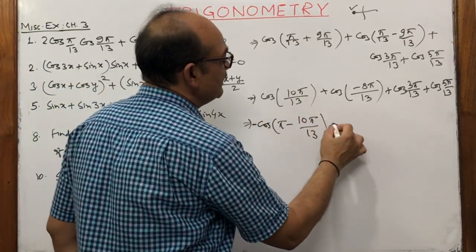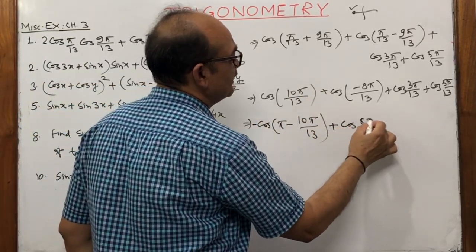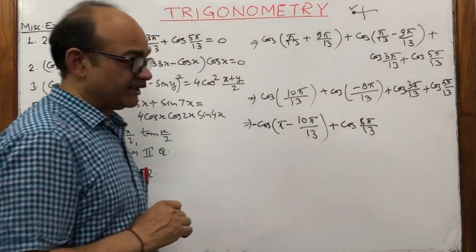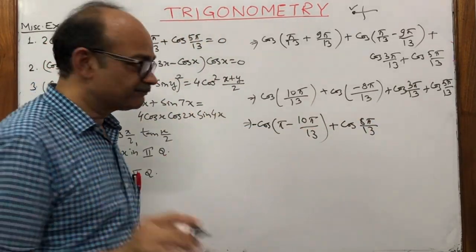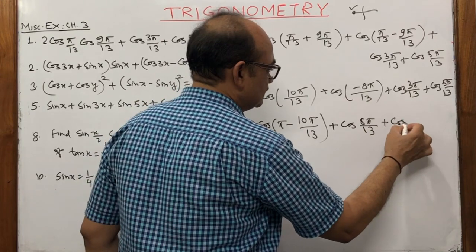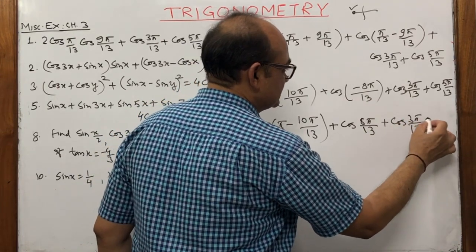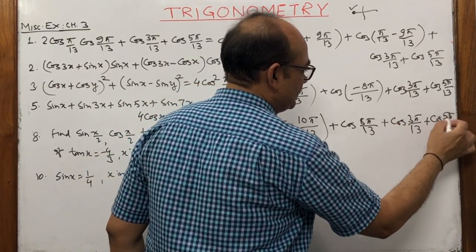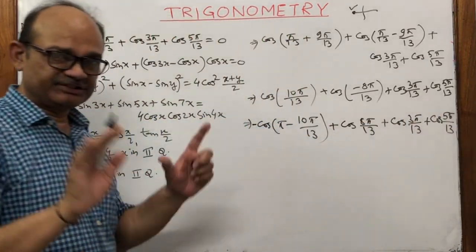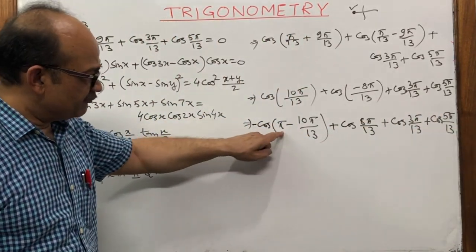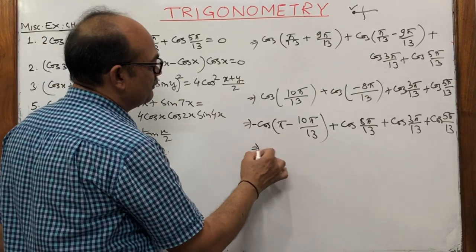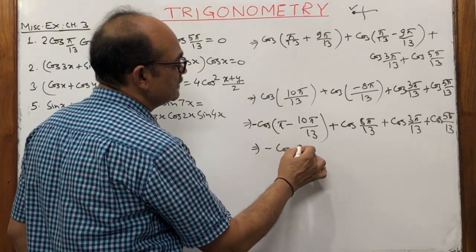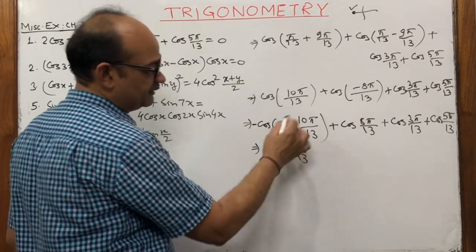Here it is plus cos 8 pi by 13, because cos of minus theta is cos theta. This will remain cos 3 pi by 13. This will remain cos 5 pi by 13. No change.